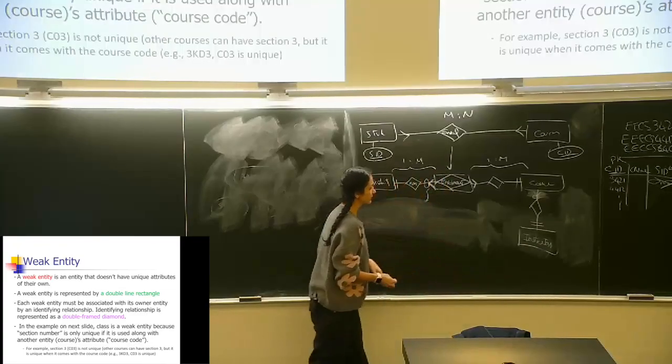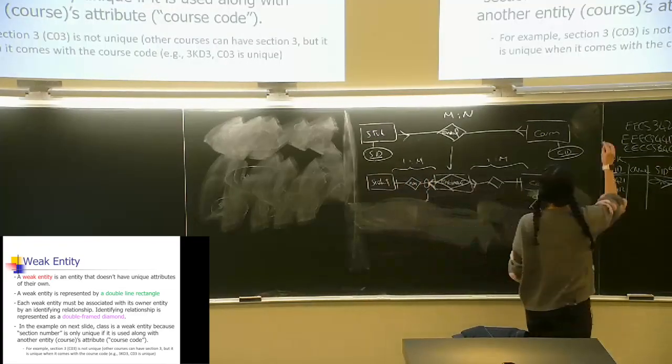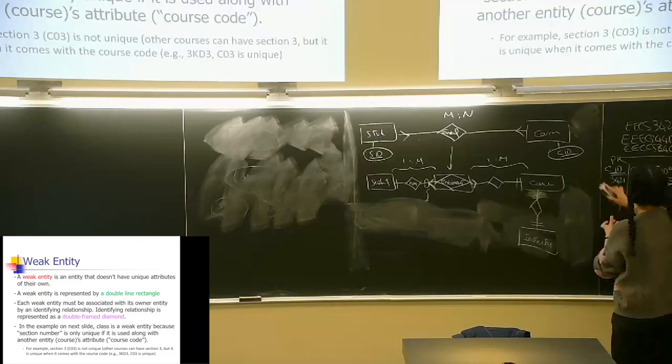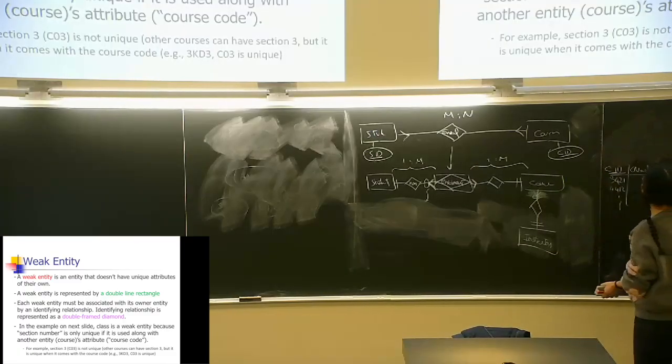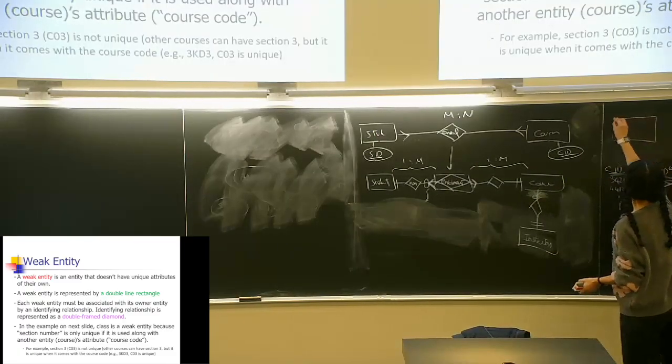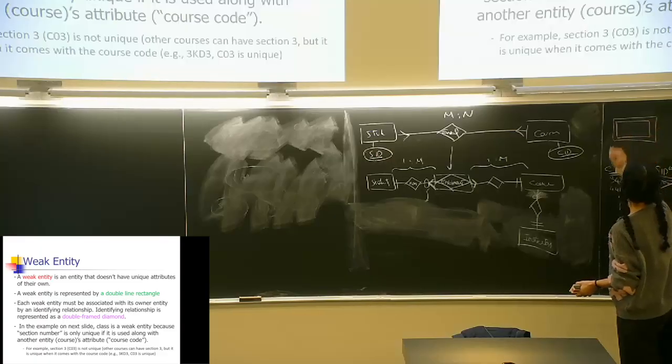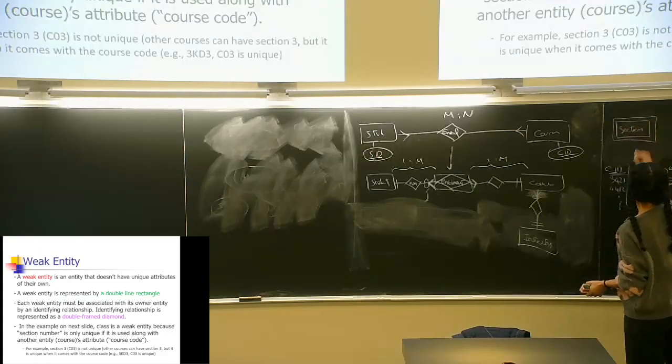How do you show a weak entity? Like this. A double line rectangle. So this is course section.